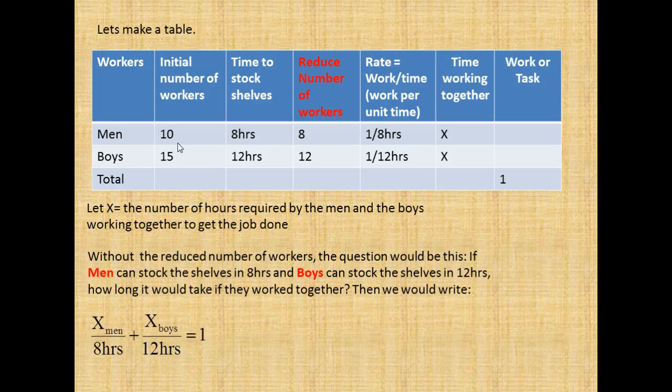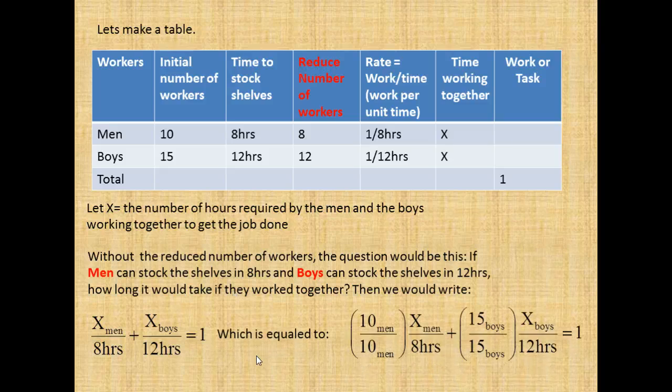We're not considering whether we're reducing the number of men and boys. So this problem is equal to 10 over 10 men, because 10 over 10 is 1, and 15 over 15 boys, which is also 1. That's essentially the original problem.